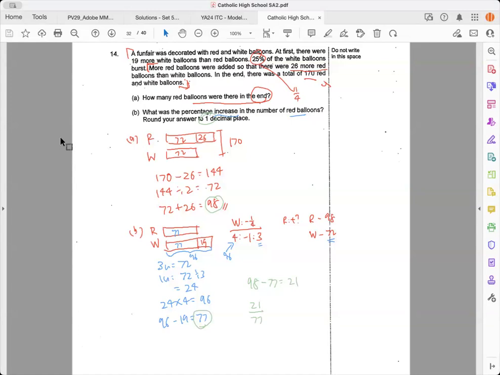Take note, at first it's not 98, 98 is the end. Multiply by 100%. And the answer is 27.2727%. They want it to be one decimal place, 27.3%. So that's answer.